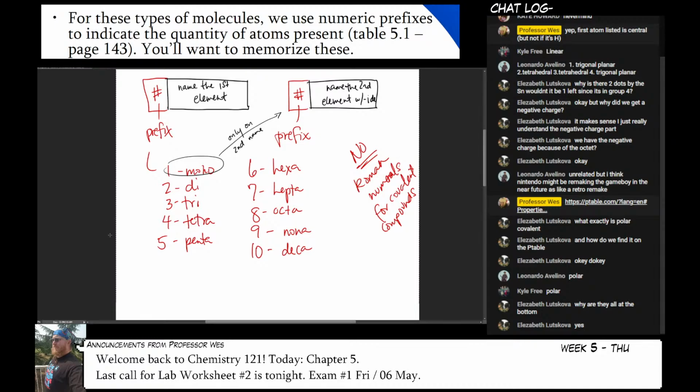So for instance, if I had CO, I would say, okay, name the first element, carbon. Name the second element with -ide. That would be oxide. And then we apply the prefixes. We only use mono on the second element, so we would do something like this. Monoxide. Notice that the O is already included there.